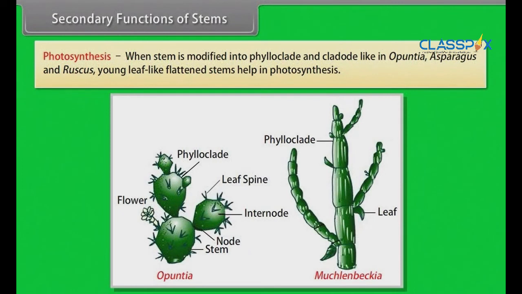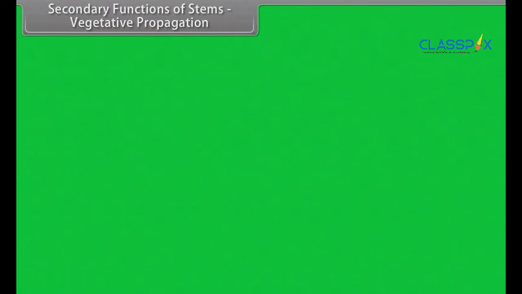Photosynthesis. When stem is modified into phylloclade and cladode like in Opuntia, Asparagus, and Ruscus, young leaf-like flattened stems help in photosynthesis. Secondary functions of stems. Vegetative propagation.